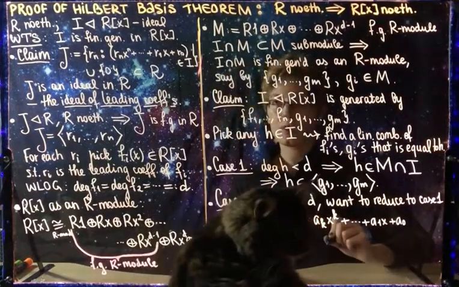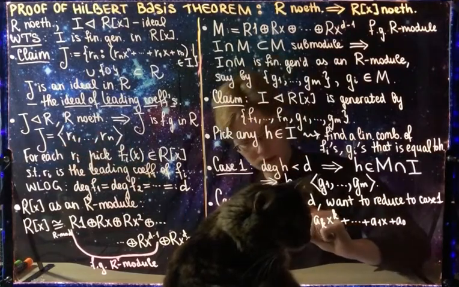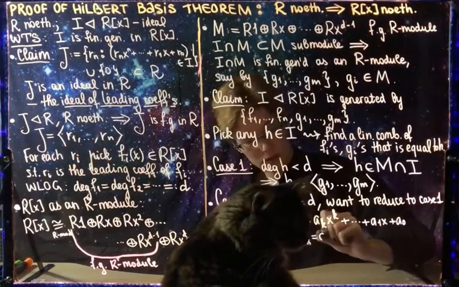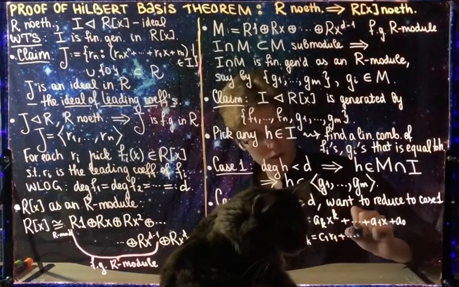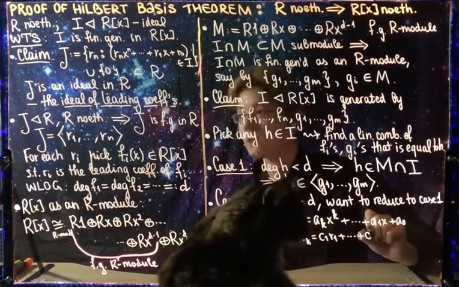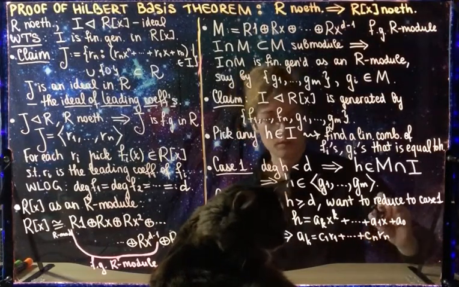And therefore ak can be written as a linear combination of the ri's. So ak is equal to c1 r1 plus etc. plus cn rn.